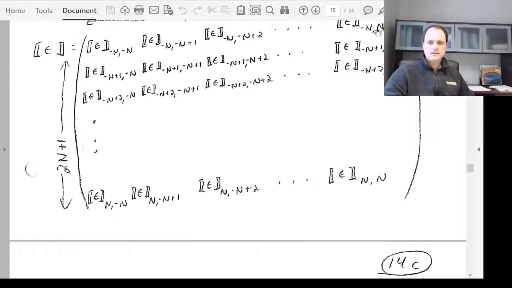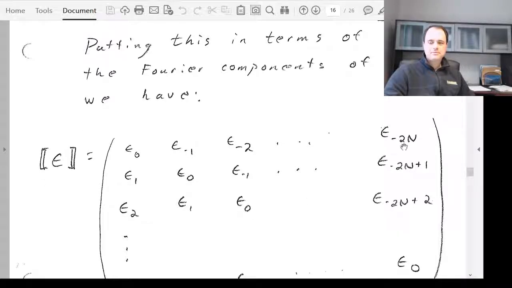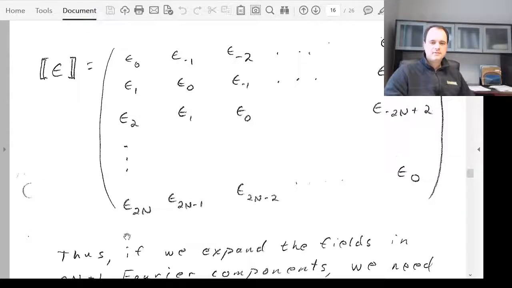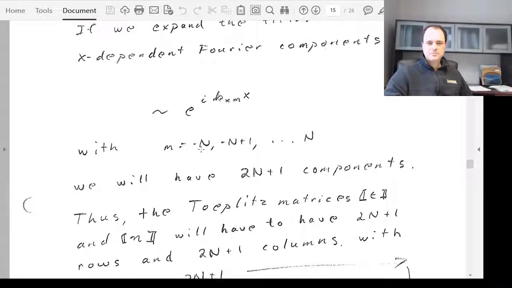But if you look at the corners here and here, you get epsilon minus 2n and epsilon plus 2n, and then you get everything in between. You get from minus 2n all the way up to 2n and everything in between, not just minus n to n.